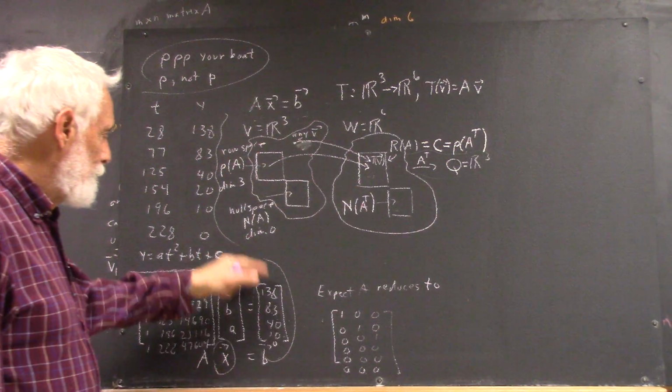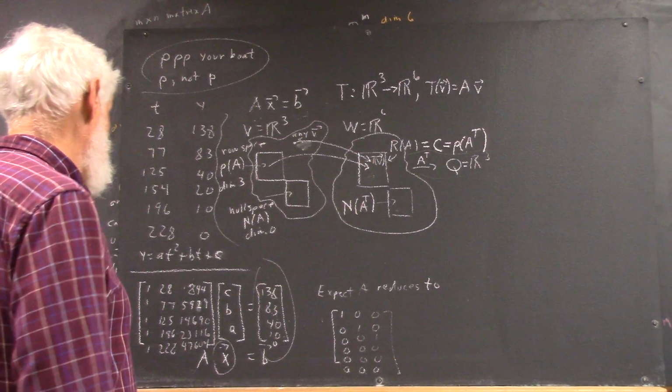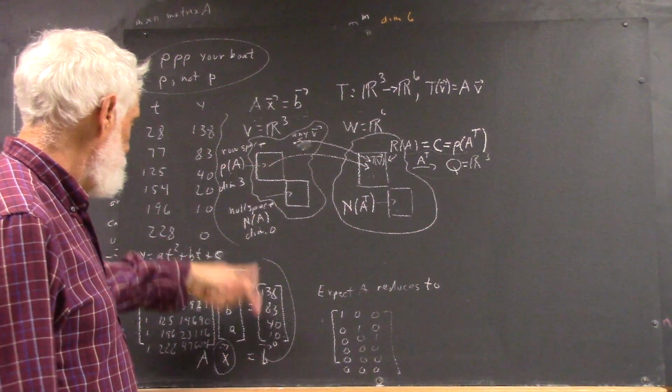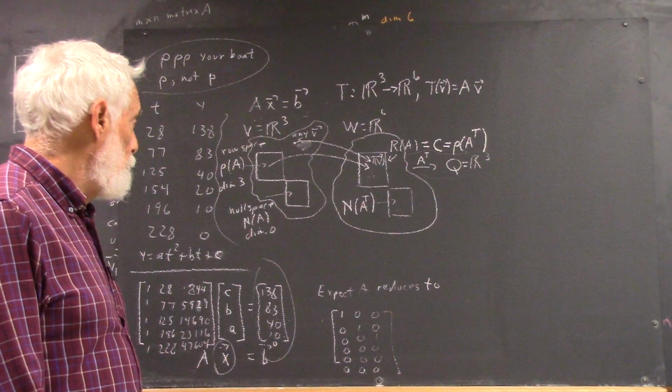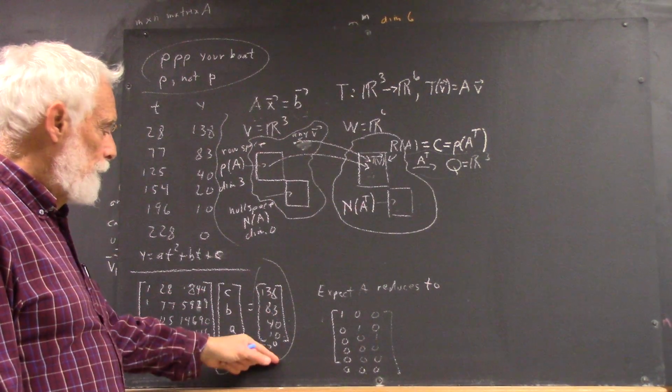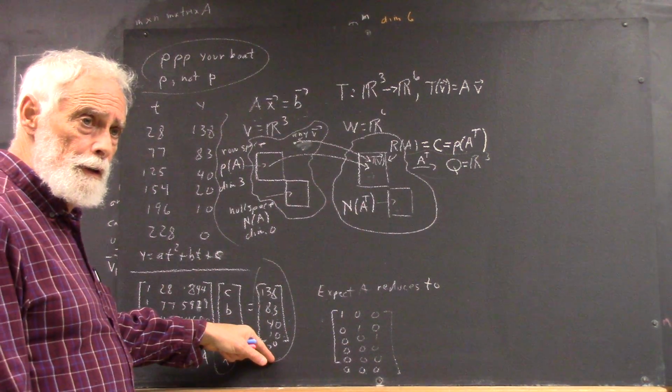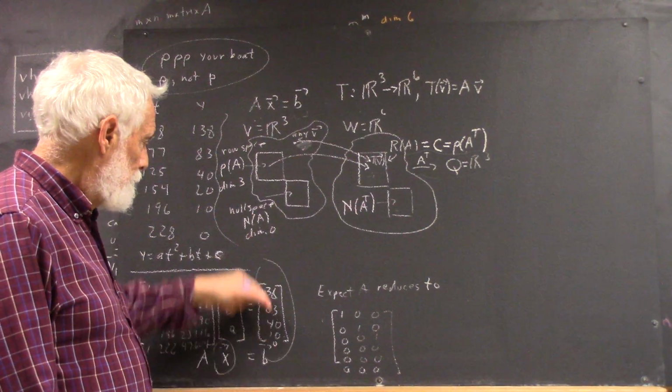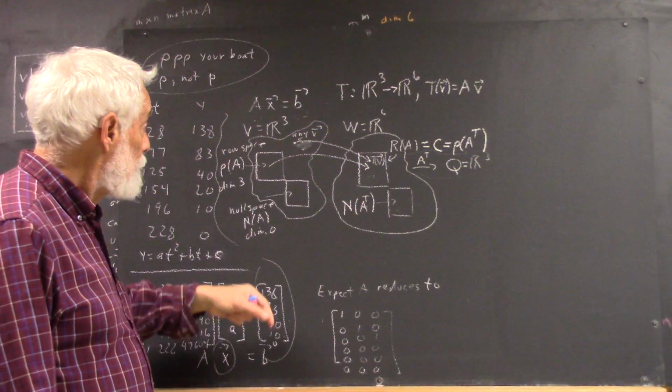The second space, if I'd have written all the rows down, for all the equations, would have given me a column of 6 numbers, which means that this is in R6.